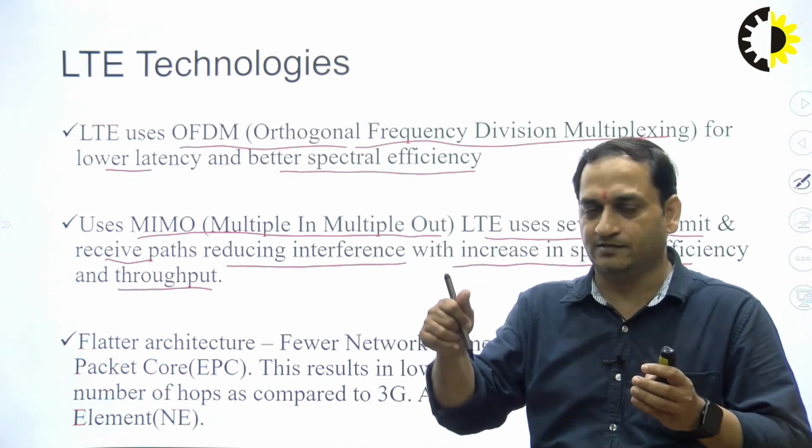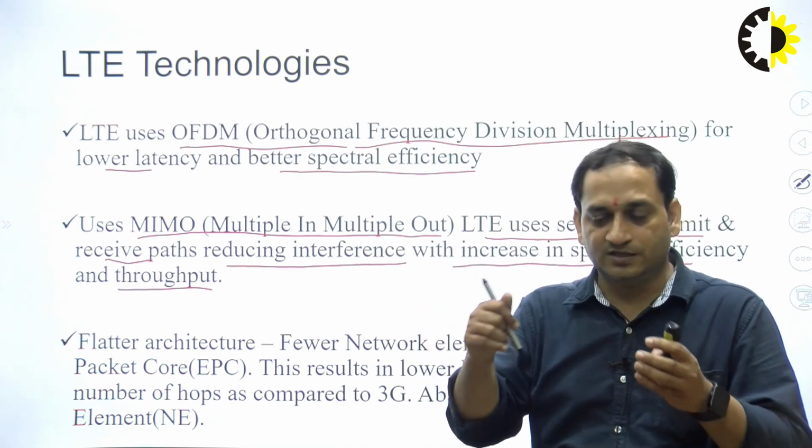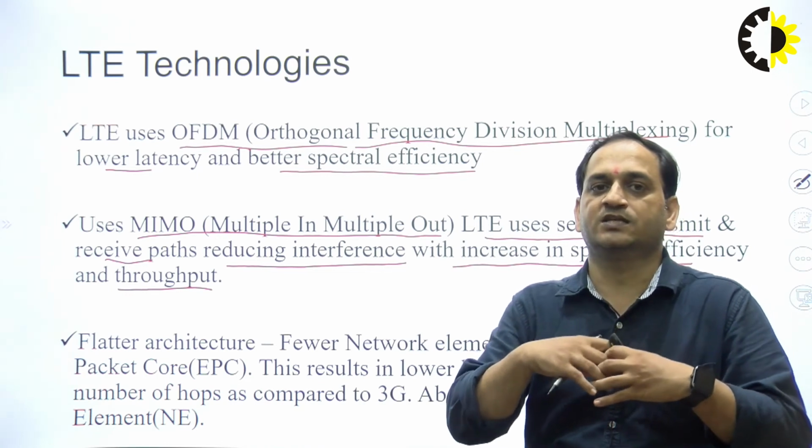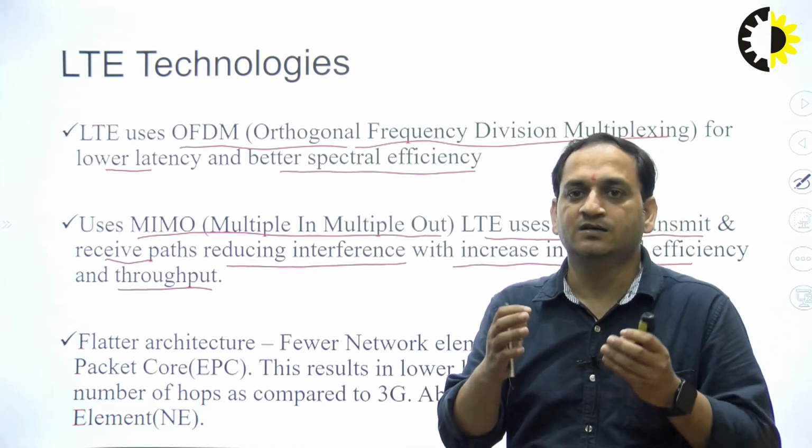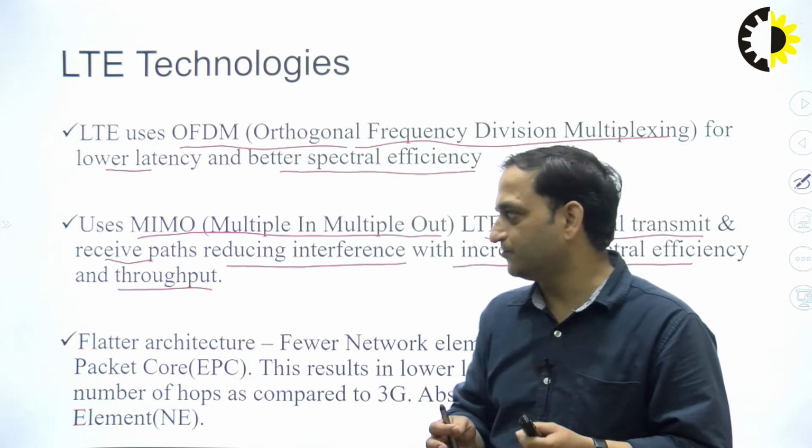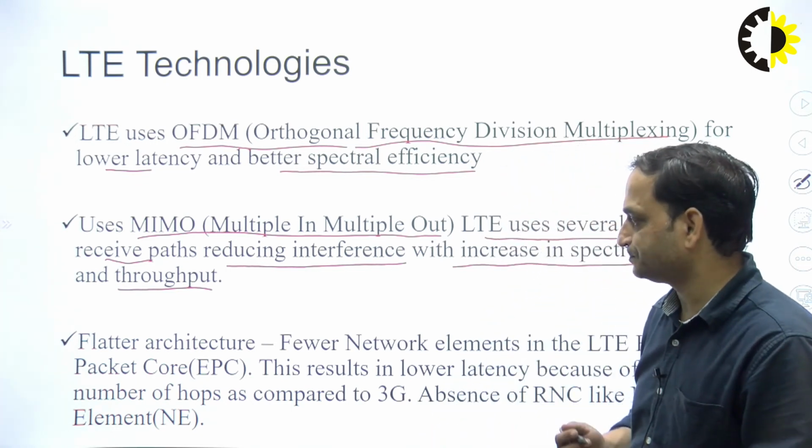In this way, overlapping of the signals will not occur and the ISI will be reduced. This is a very important feature of the OFDM system.